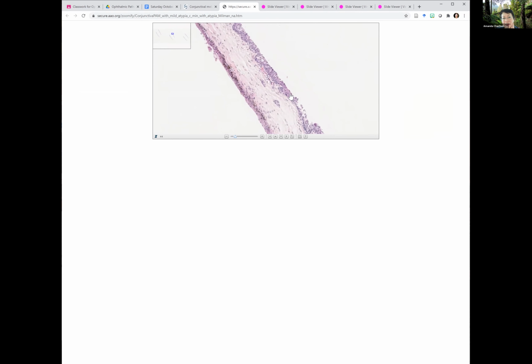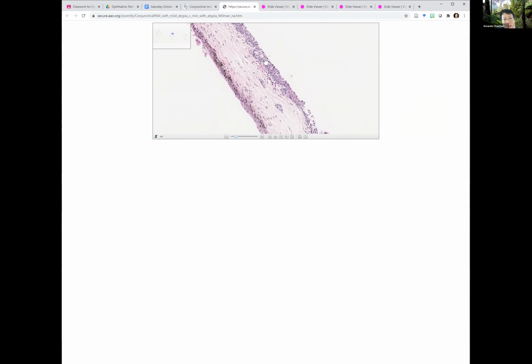Okay, and let's talk about this. Boy, it is so hard to find an online slide that demonstrates these melanocytic intraepithelial changes. For speed of rendering, I'm going to leave it on the small square and just zoom in on my areas. So what I can see on the top surface here, this is conjunctiva.